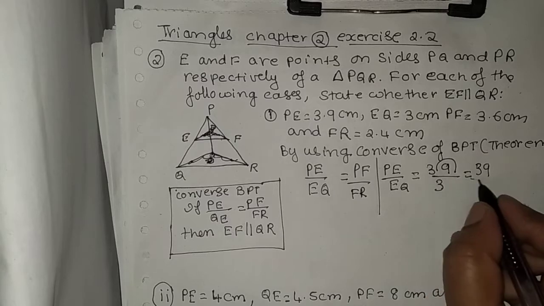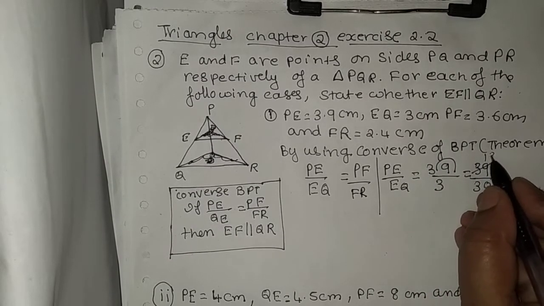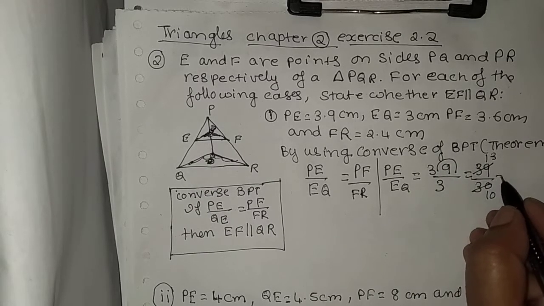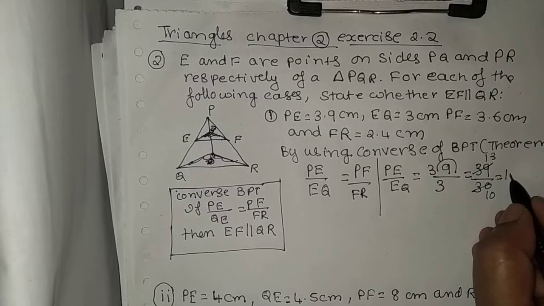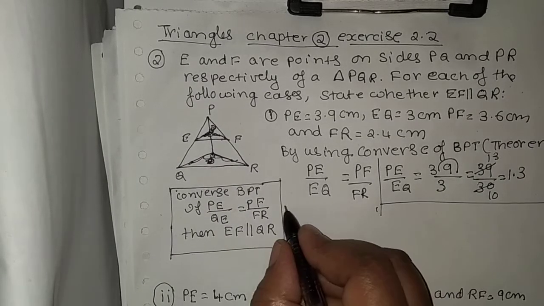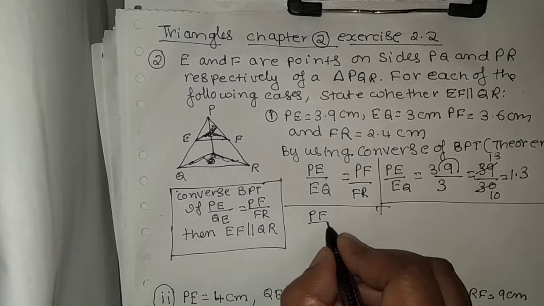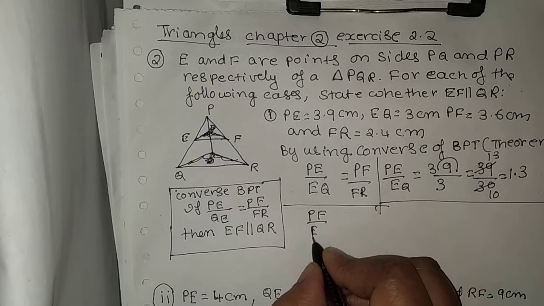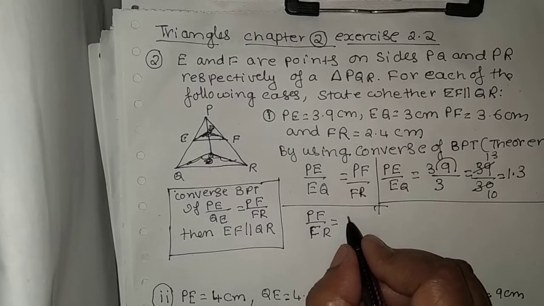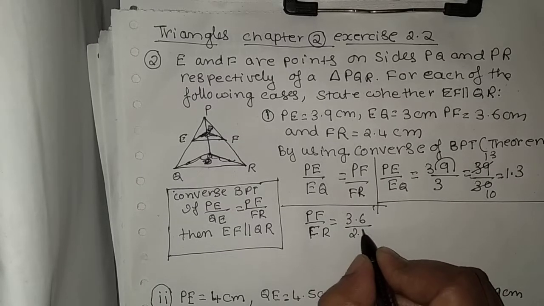3.9 by denominator 30, that is 1 threes are 3, 3 threes are 9, then 1 0, 30, that is 1.3 we will get. Next is PF by FR. PF is 3.6, FR is 2.4.